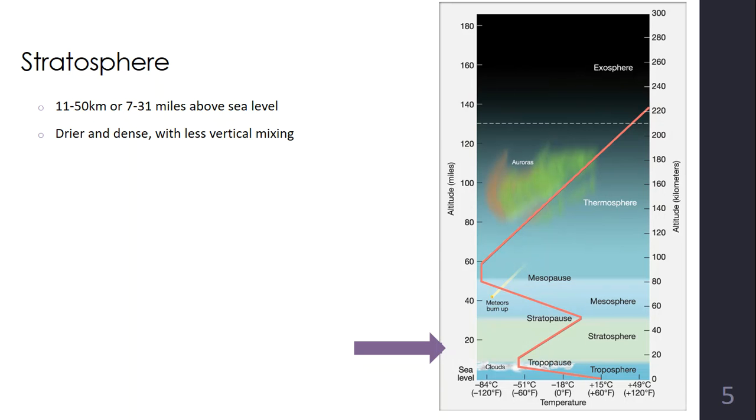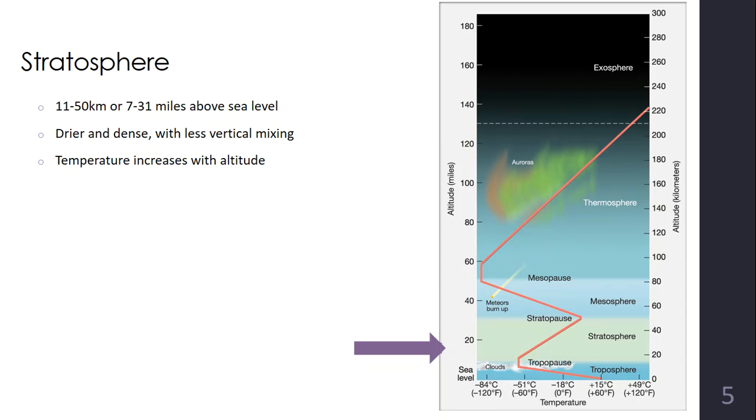It is drier and dense. It has less vertical mixing, so things tend to be more layered and stay where they are, with less moisture in the air. The temperature is then going to increase with altitude because you're not going to have as much protection from solar radiation, so that temperature is going to actually increase.